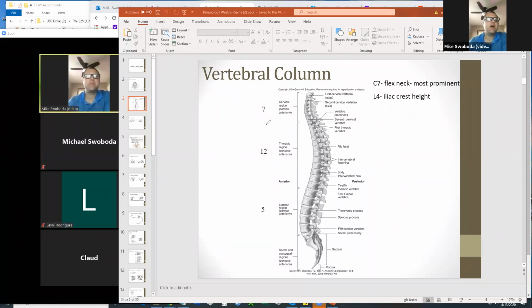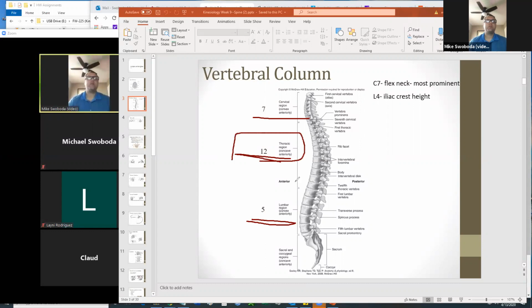Anyways, getting back here, your cervical vertebrae, that is your neck. Your thoracic vertebrae is your thorax or your rib cage, and your lumbar vertebrae is your lower back. The way that you tell where one starts and one ends is your ribs.